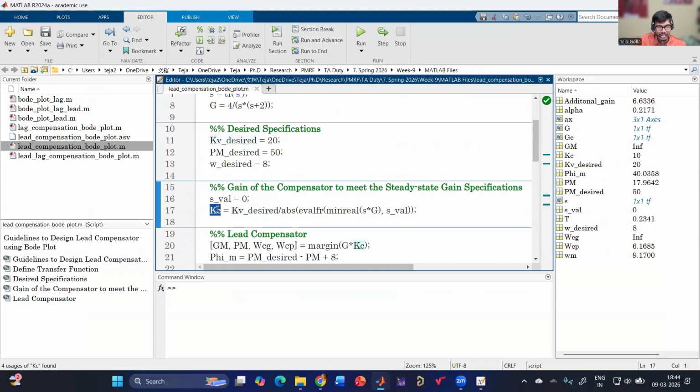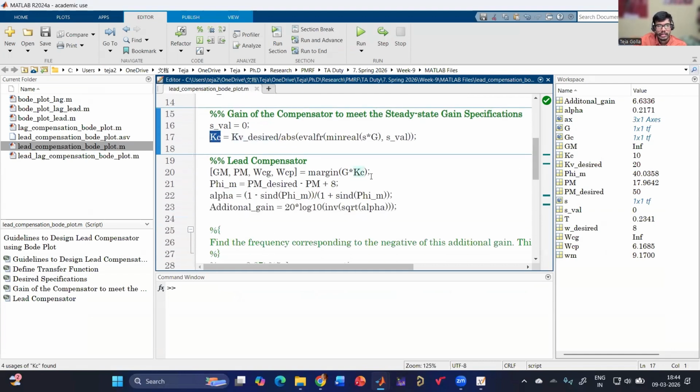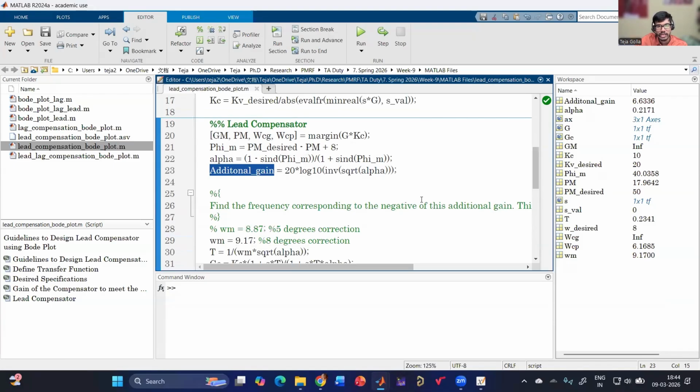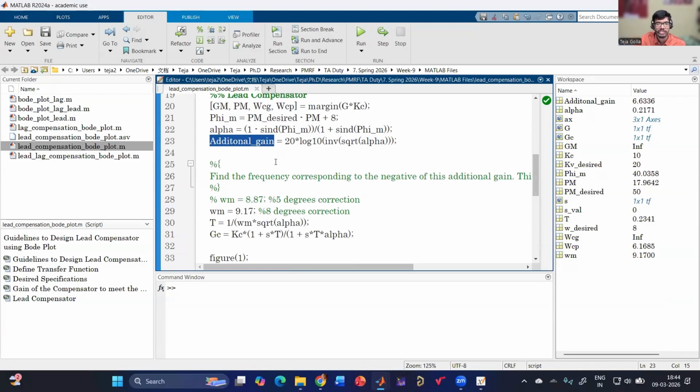From here I'll get Kc, and I am calculating the phase margin from this command of G into Kc with the gain, and then I'm seeing how much additional phase I'm needing plus a correction factor. And then from this phi m, I'm calculating alpha and the additional gain caused by this compensator. And now I have to find the frequency at which negative of this additional gain is caused by K into Gc. So that effective will be 0 dB.